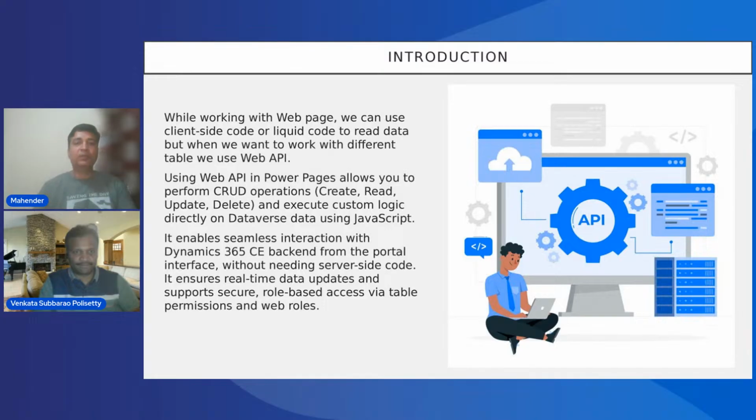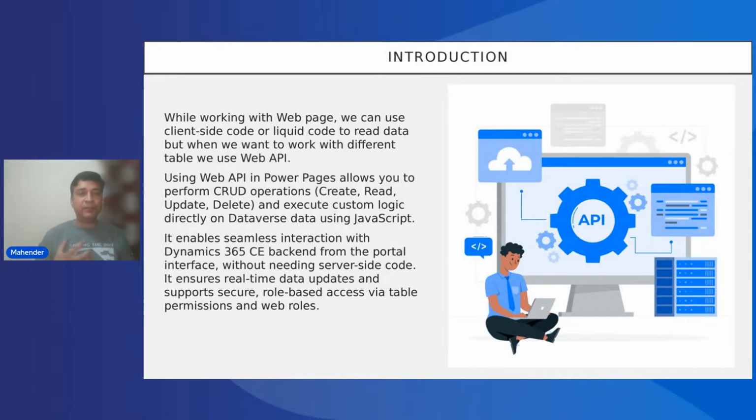Okay, so the Web API. We have been discussing Power Pages and how we can build different types of websites with it. We have an option to create a static website using Power Pages, where we have static content.